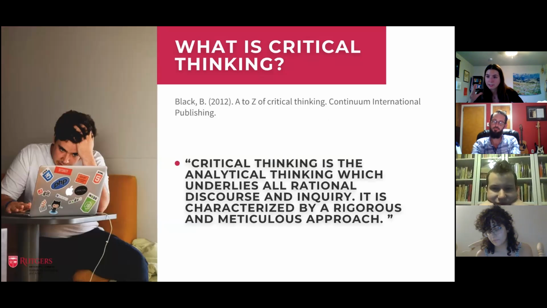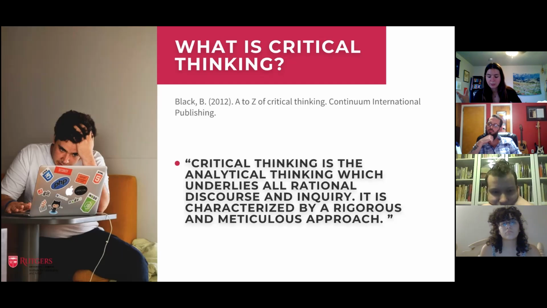The main processes involved are analyzing arguments, judging the relevance and significance of information, evaluating claims, inferences, arguments, and explanations, constructing clear and coherent arguments, and forming well-reasoned decisions.